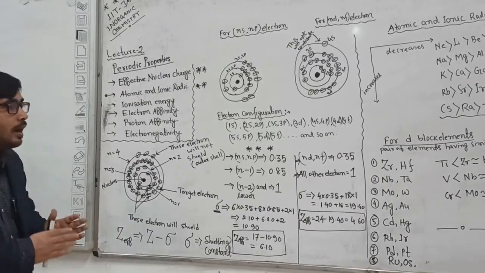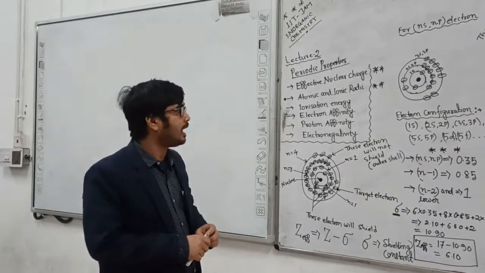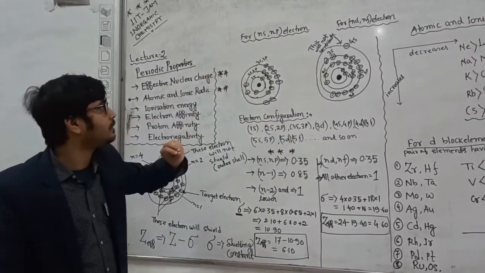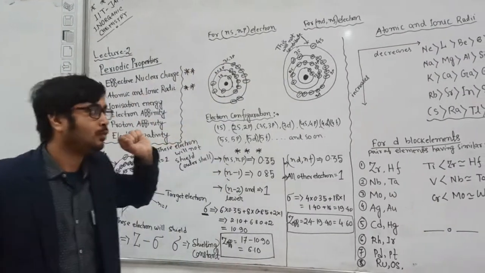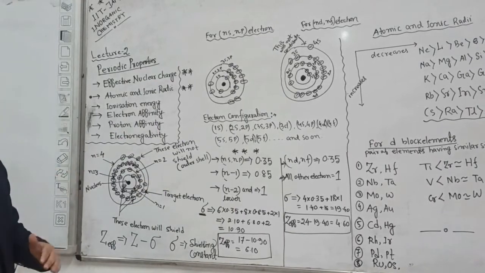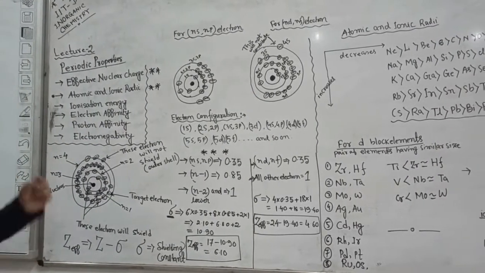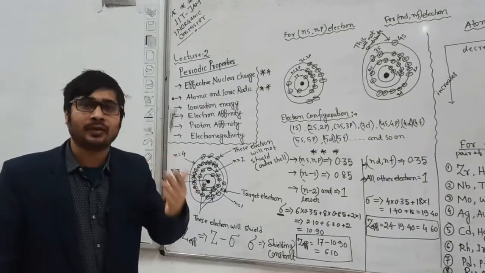So now I think it is clear to you how you should apply Slater rules for ns and np electrons, nd and nf electrons. With this formula you can apply it to any element present in the periodic table and calculate sigma as well as Z effective.